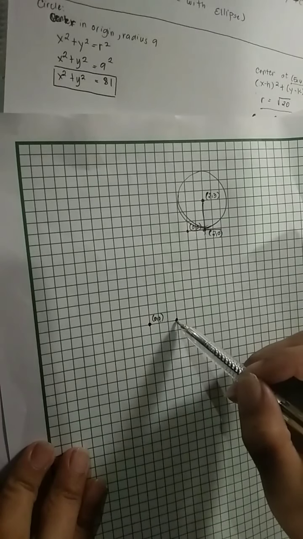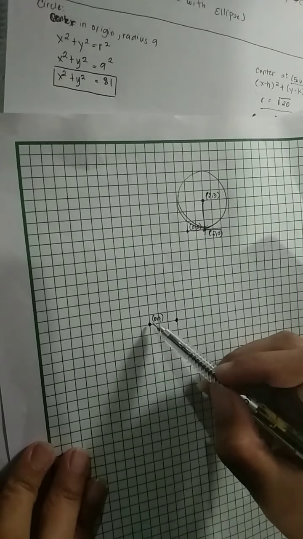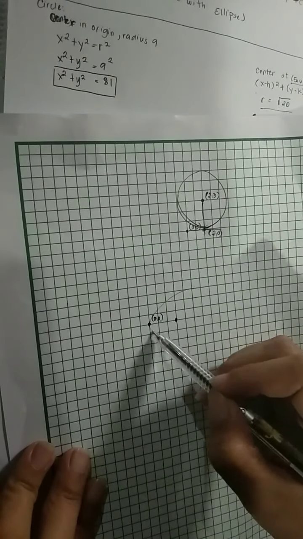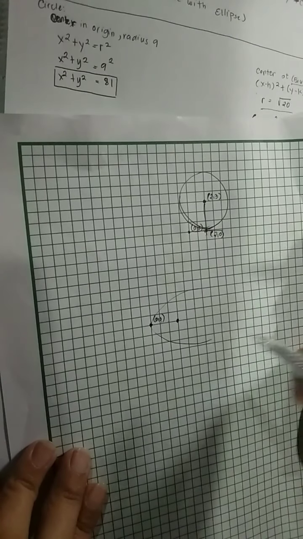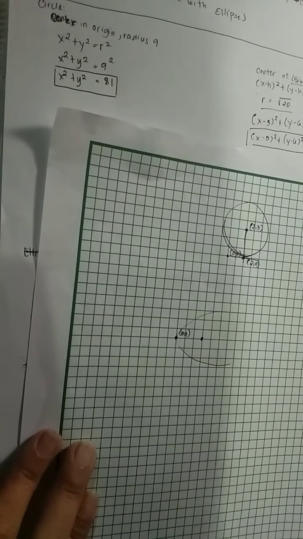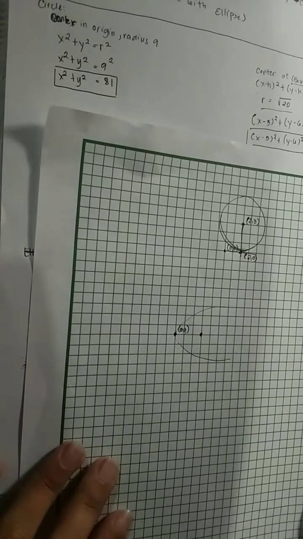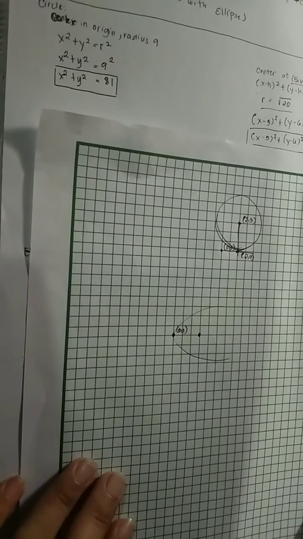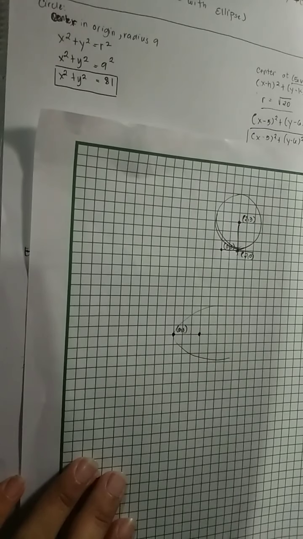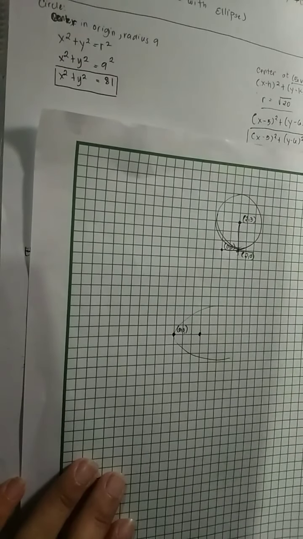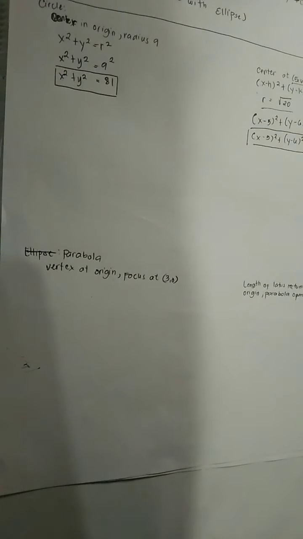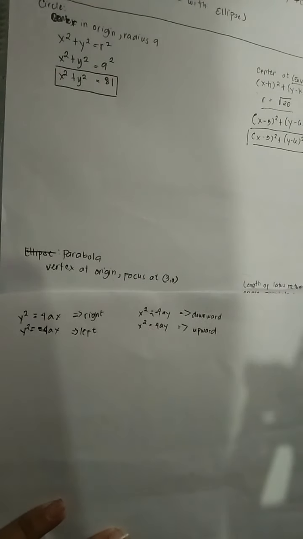So if the focus is here and the vertex is here, we know that the curve should be like this, and it opens to the right. We need that to determine what standard form we are going to use.